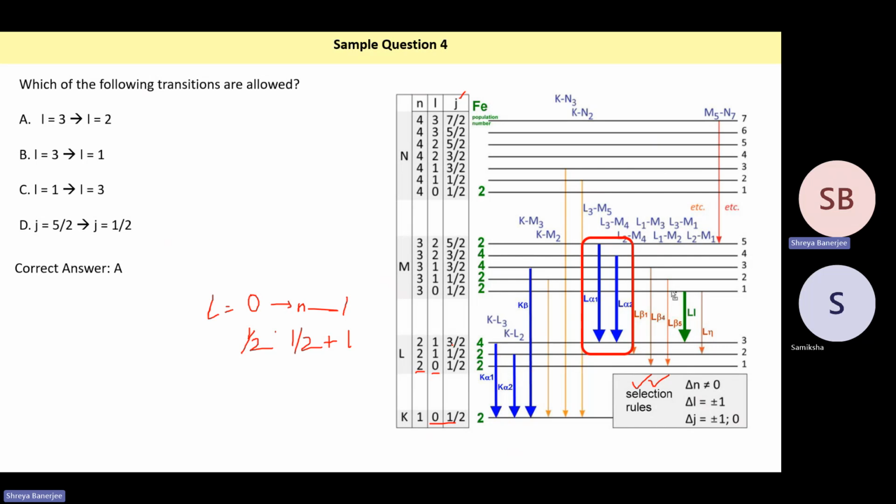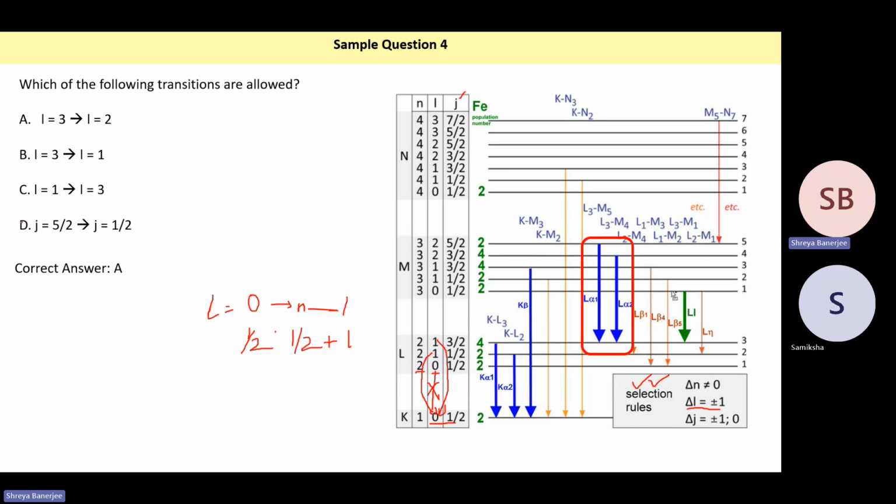You can go from L1 to L0, but 0 to 0 is not allowed because delta L is plus minus 1. And delta J is plus minus 1 or 0. So these are the selection rules that you have to remember.